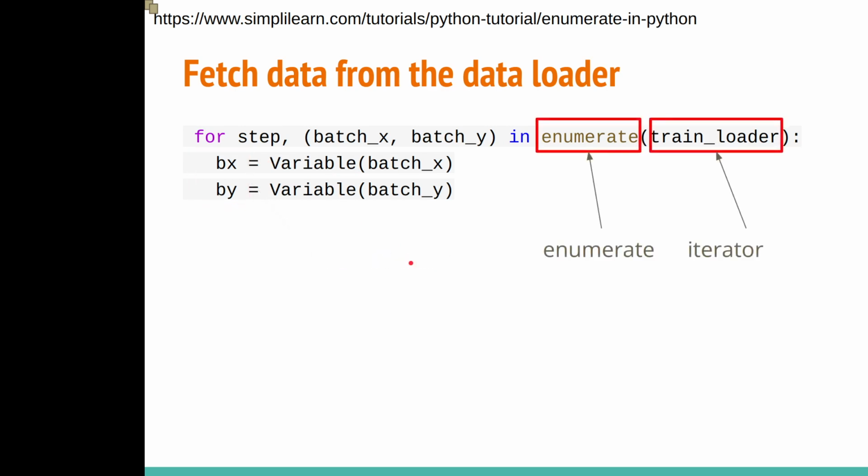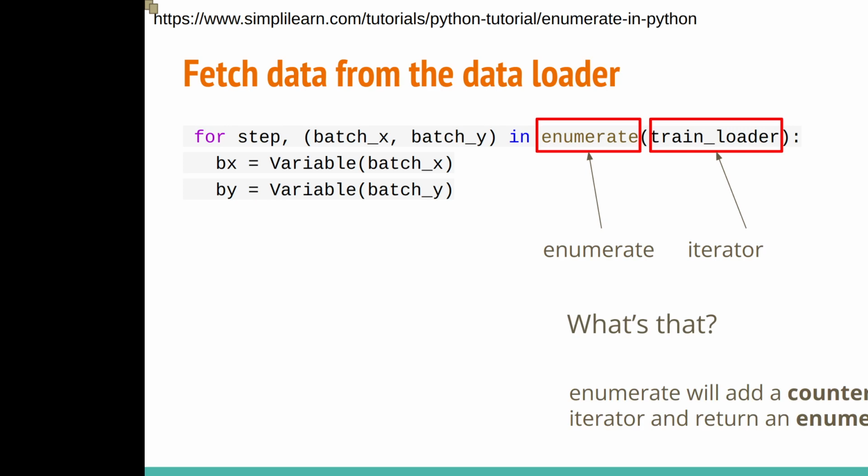Okay, so this is what we call the enumerator, the iterator pattern here. So what is this will be a little bit confusing for people who are not familiar with the iterator pattern. So enumerate will add a counter into the iterator and return an enumerator so that we can keep track of the progress of the images we have used.